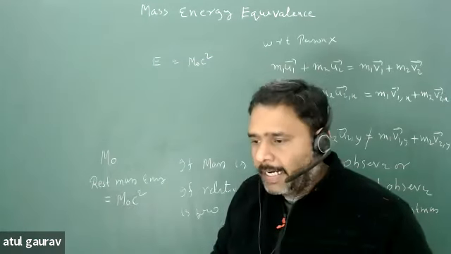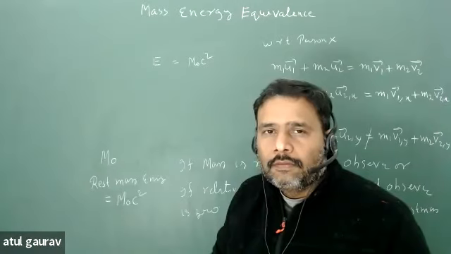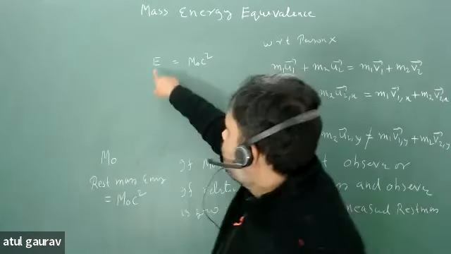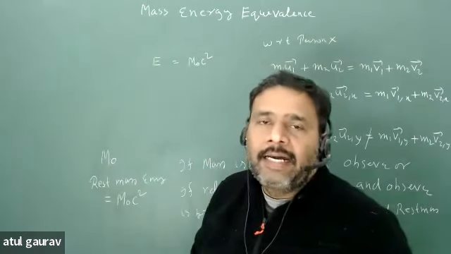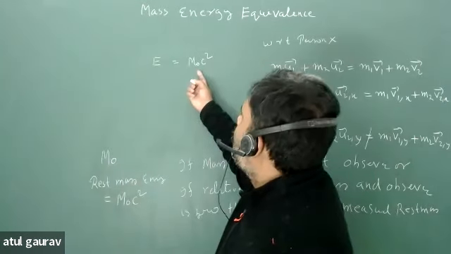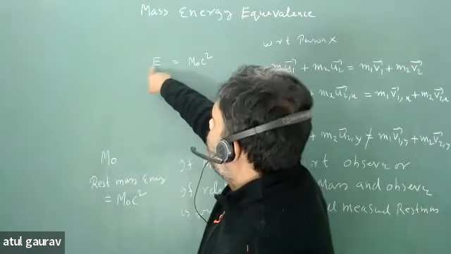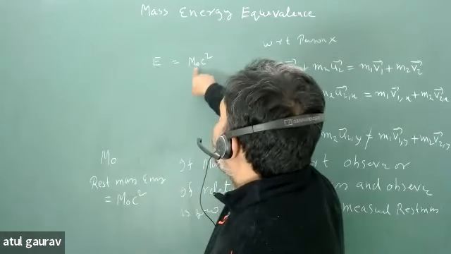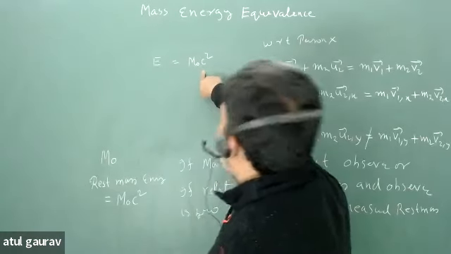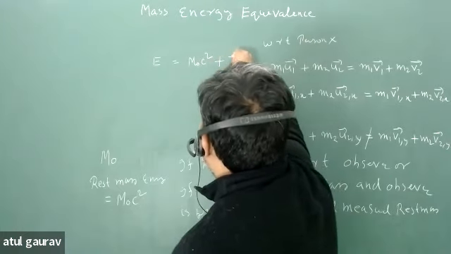Kinetic energy. And kinetic energy is always positive in nature. So the energy will be more than m naught c square, isn't it? Because if the particle is going to move, then total energy E can be written as m naught c square, which is rest mass energy, plus kinetic energy.